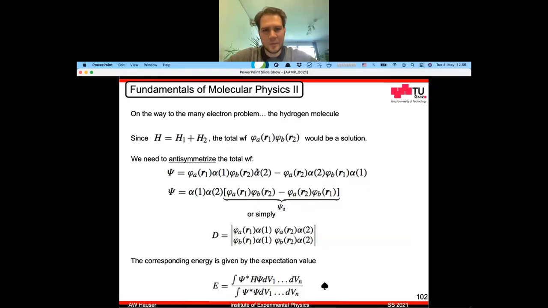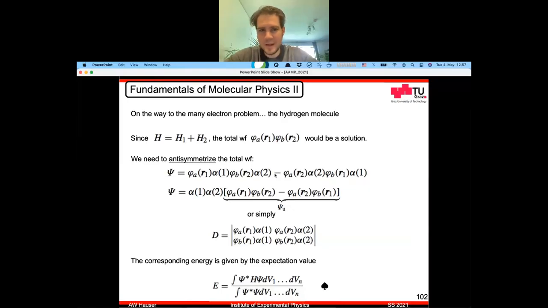And the second electron is sitting in orbital B, so phi b of R2, and the second electron is also spin up, for example, in this wave function that I'm constructing here. And now, in order to arrive at a wave function that behaves as a fermionic wave function is supposed to, I will have to add another term, which is exactly the same term as we had before, just with positions of electron 1 and electron 2 swapped and a minus.